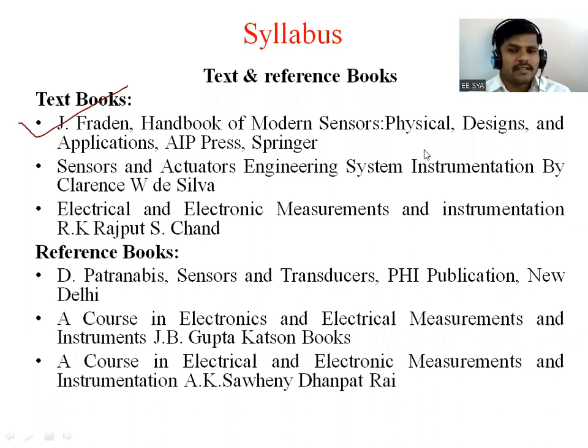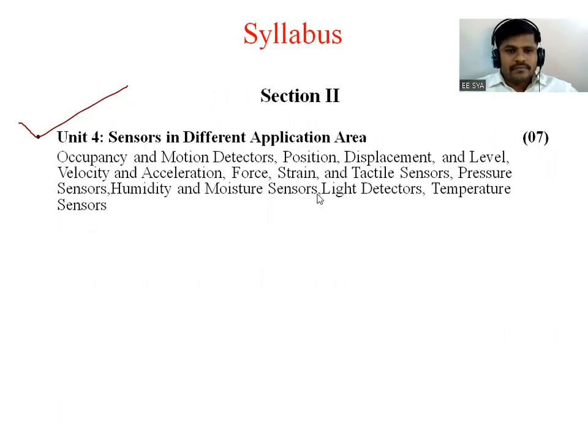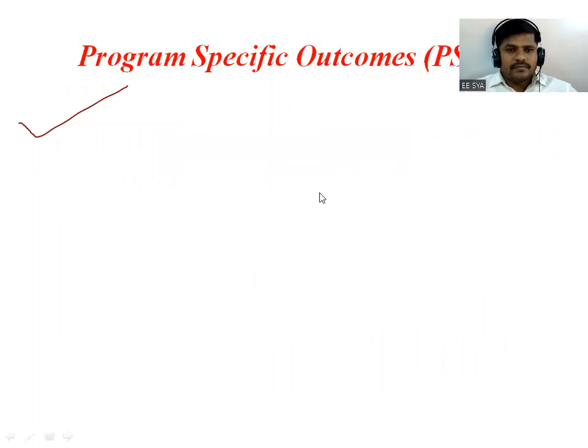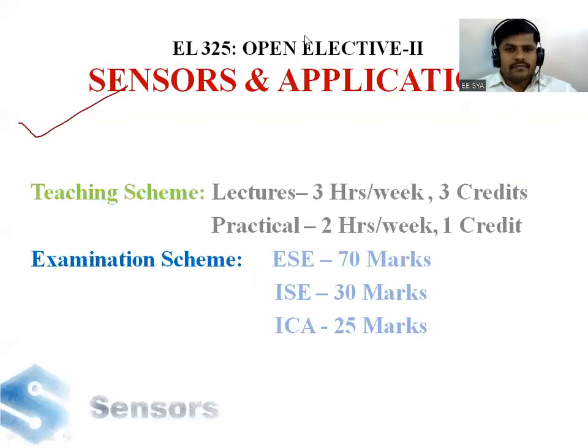So we will discuss this in unit number first, and in the next lecture we will start it. Is there any doubt in this introduction of the course? Okay, in this way we will conclude today's lecture and stop here. Thank you.